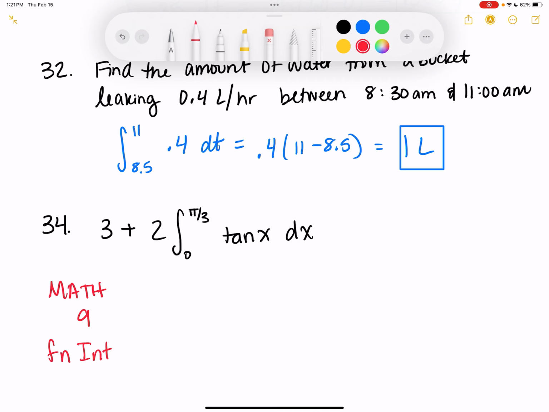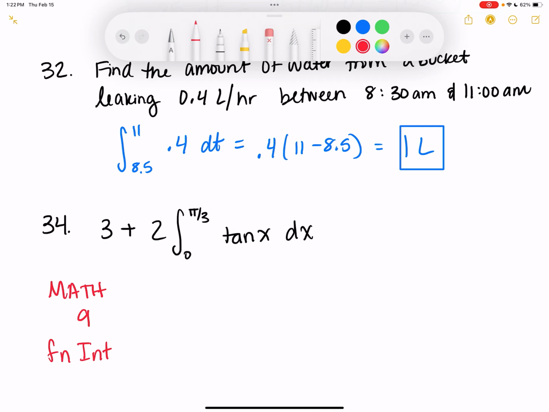Now, does anybody know what we might need to check for on this? What kind of function is this? Does it need to be in radians? Bingo. It's a tangent problem. I need to make sure that I'm in radians, and I am, so I'm good.